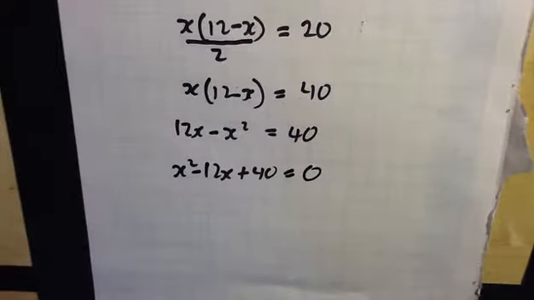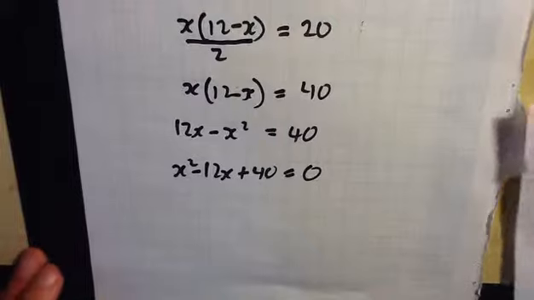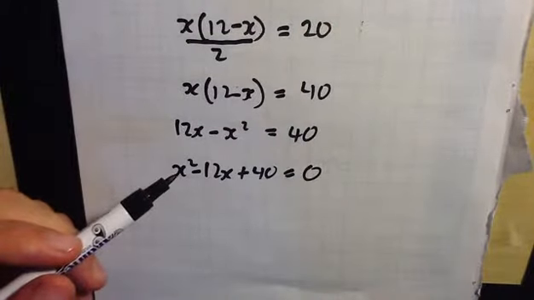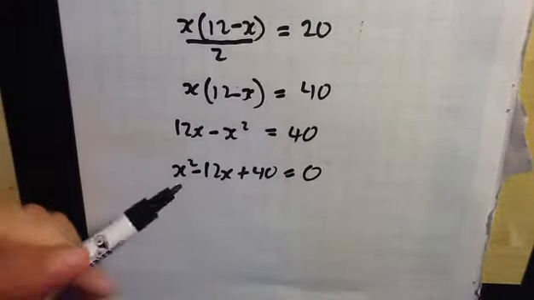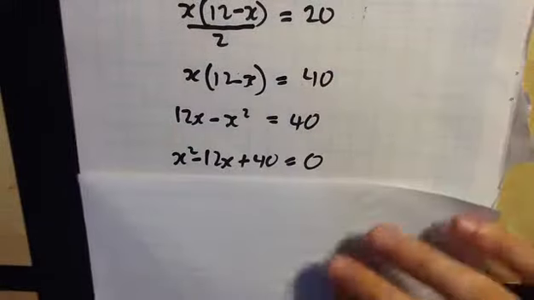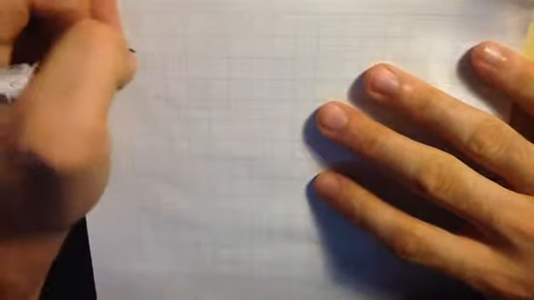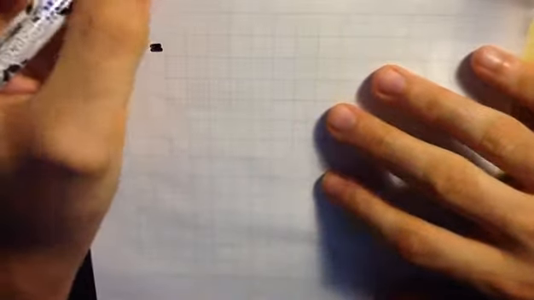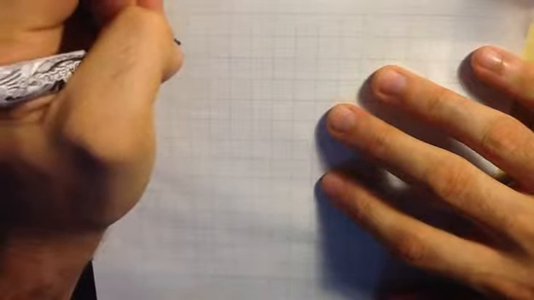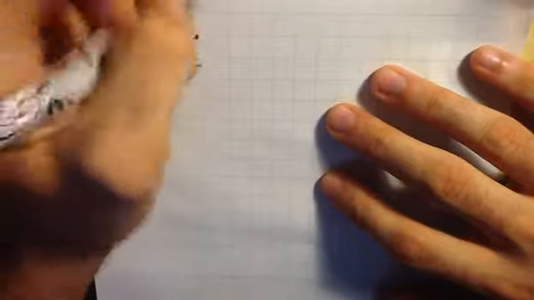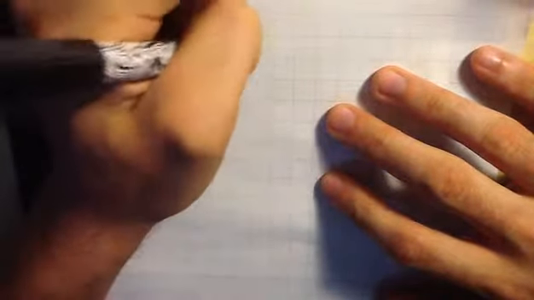Now I need to look at solving this equation. There's no factors of 40 that are going to add to negative 12, so I'm going to have to use the quadratic formula. The quadratic formula says x is equal to negative b, and b was negative 12, plus or minus root b squared, so negative 12 squared, minus 4 times a, which was 1, and c is 40.